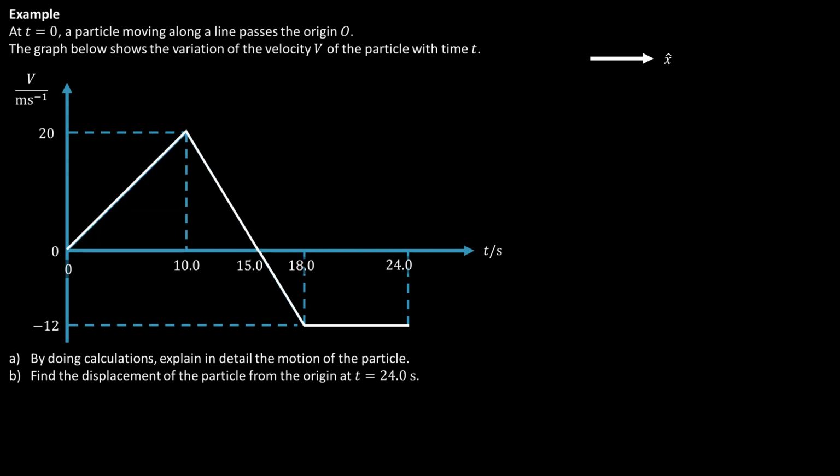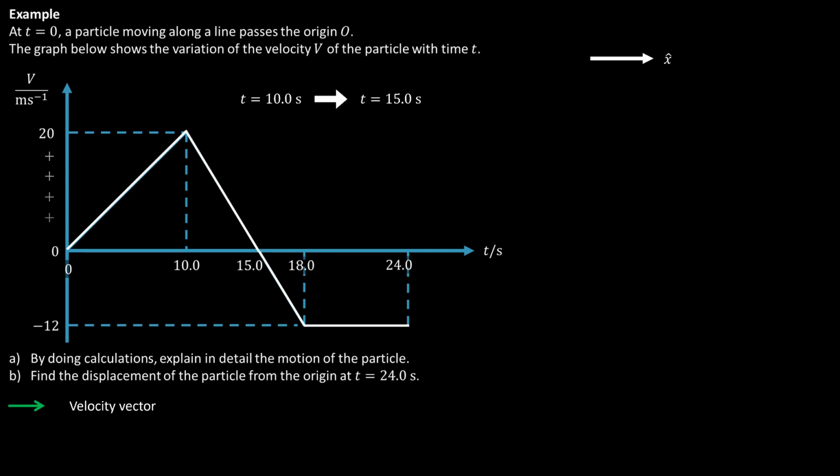Now let us examine what is happening from t equals 10.0 second to t equals 15.0 second. In this time interval, the velocity is positive, and this means the particle is moving in the direction of x hat. So each time you have velocity to be positive, you always remember that the particle is moving in the positive direction.